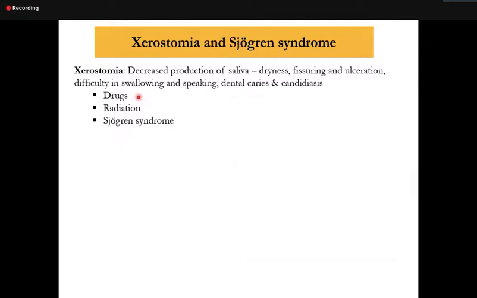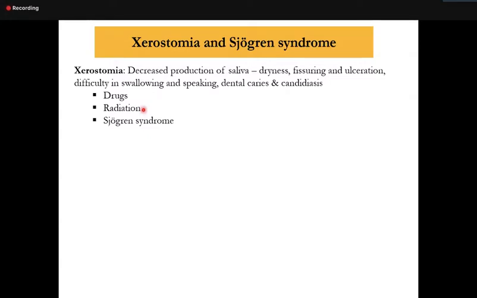You will study diuretics, antipsychotic drugs. So they all can cause xerostomia. Radiation is sometimes used for treating some head and neck cancers. So radiation can damage these salivary glands and ducts of these salivary glands.